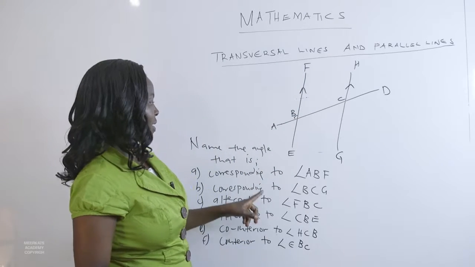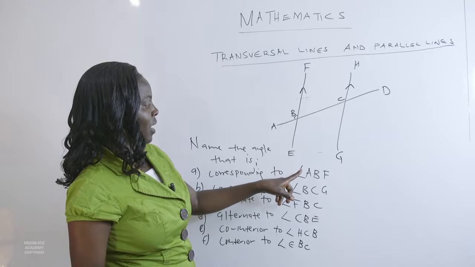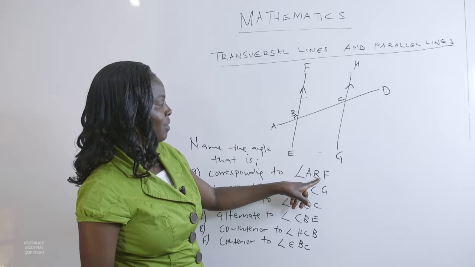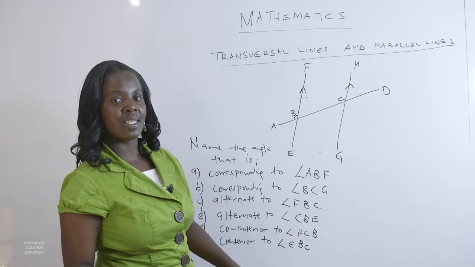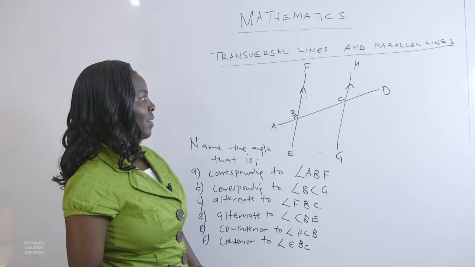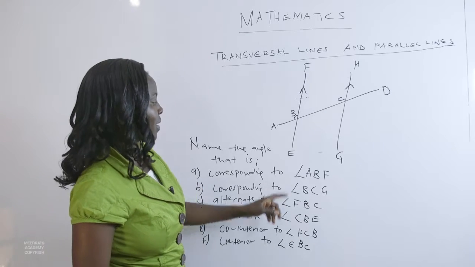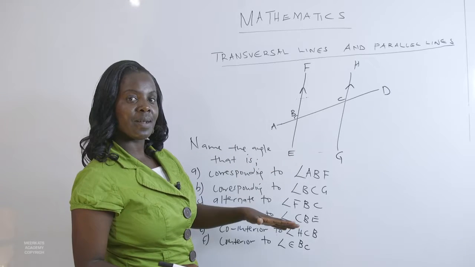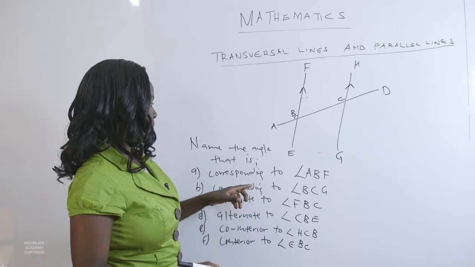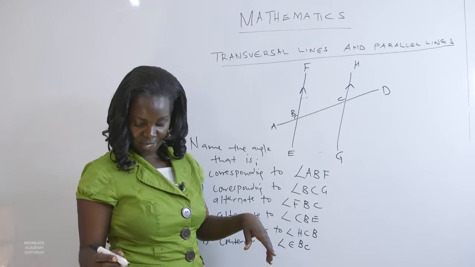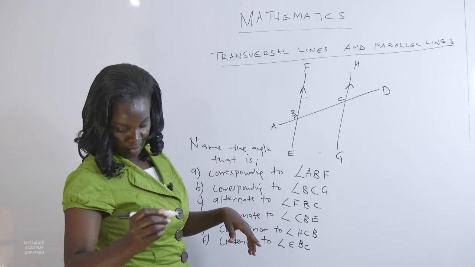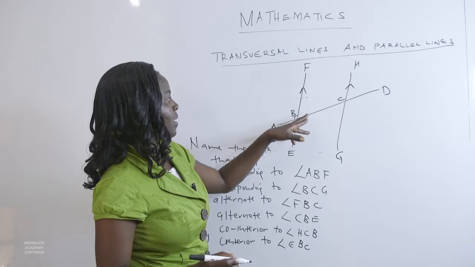Which angle is corresponding to angle ABF? We said they are on the same side of the transversal line. Corresponding to ABF, you realize that it is angle BCH.